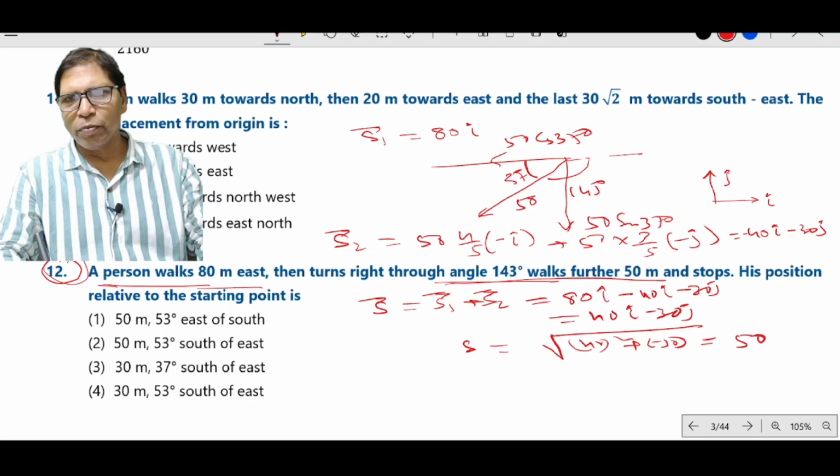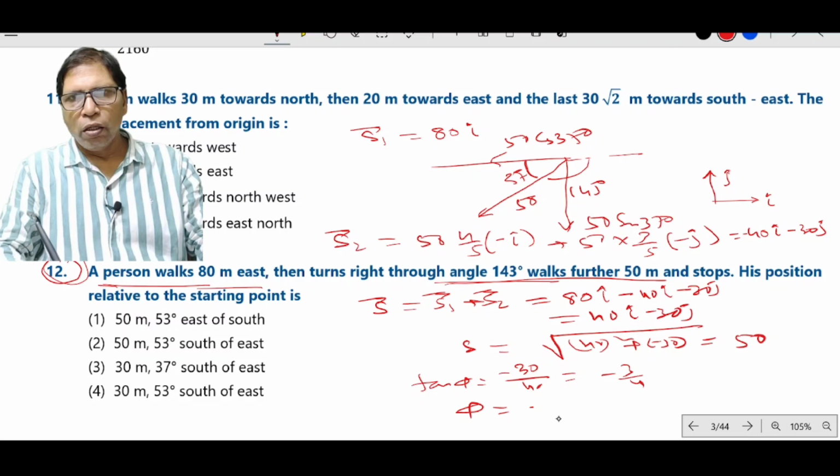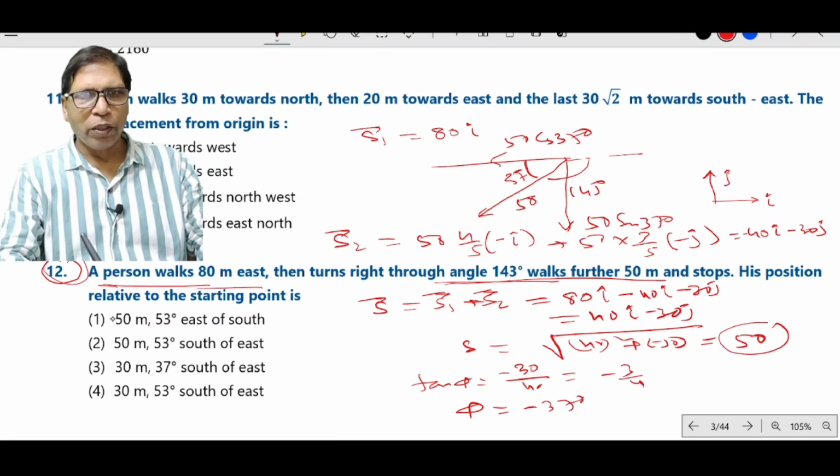So this is 50. So the angle made by the displacement vector with the x-axis is tan phi, which equals minus 30 by 40. So this is minus 3 by 4. So phi equals minus 37 degree. So displacement is 50 meter and it is south of east.